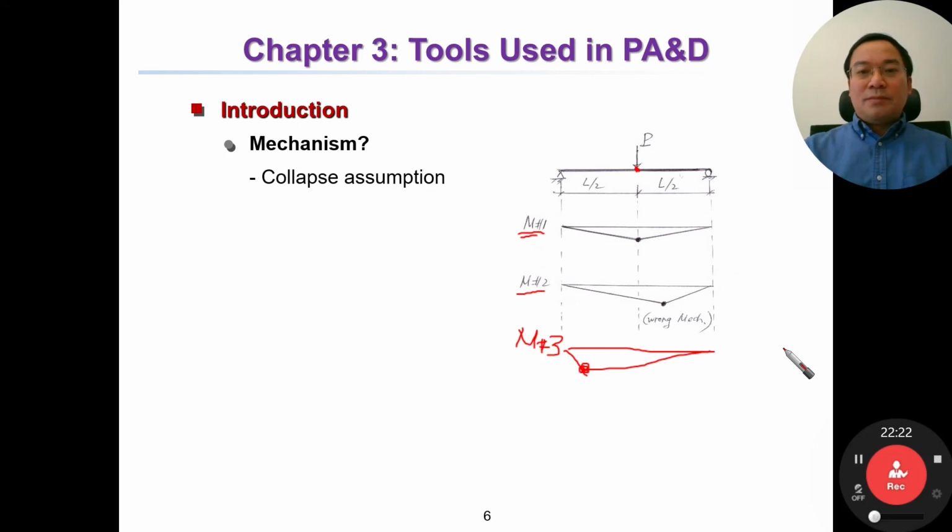In short, for a structure, we can assume different mechanisms. The point is that you understand the concept of mechanism: it is a collapse assumption. In one system, you can assume different mechanisms. If you assume the correct mechanism, then we can check and find that it is correct.